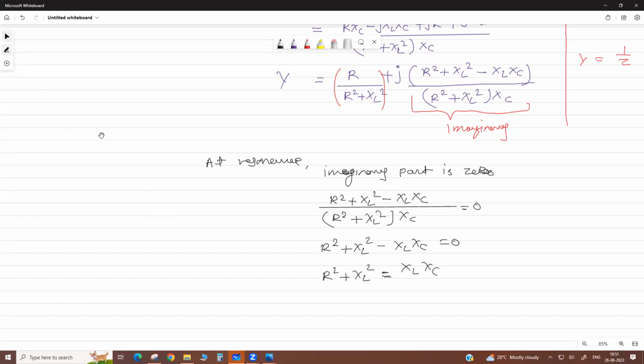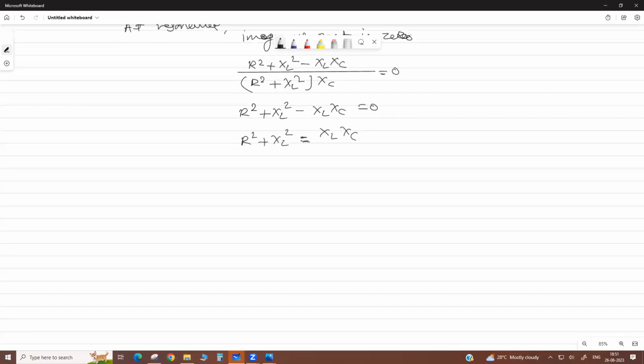Now you know XL is omega L, and XC is 1 by omega C. This is at the resonance condition, so it is omega naught, the resonance frequency.